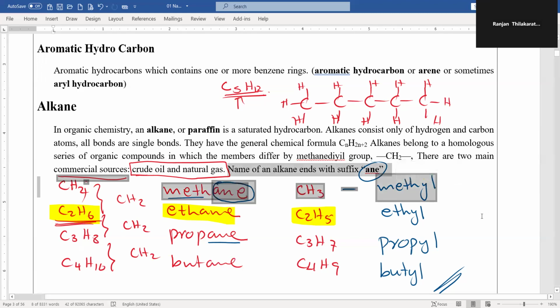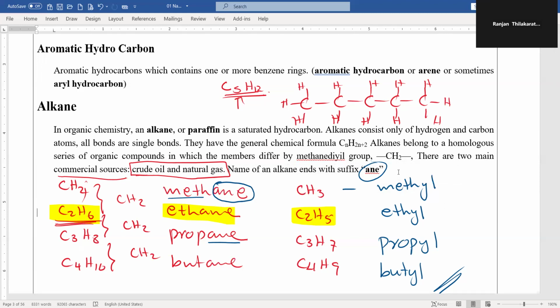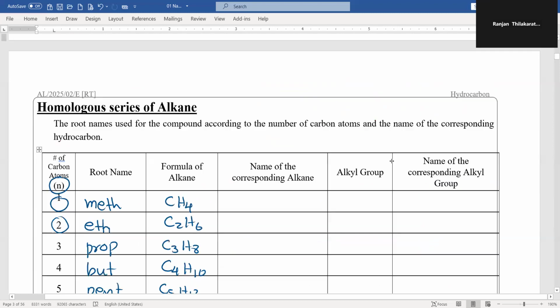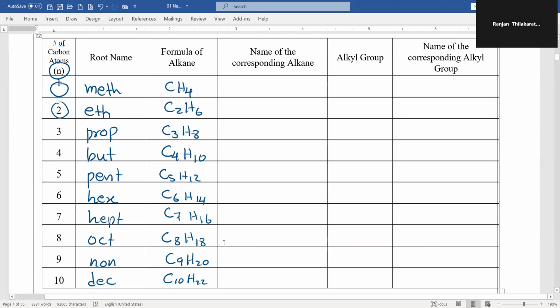We add ane to the root name to obtain the name of the alkane. So here you have the root name meth having only 1 carbon. Then we call that methane. You add ane as the suffix. So meth, ANE, methane. It's a single name.